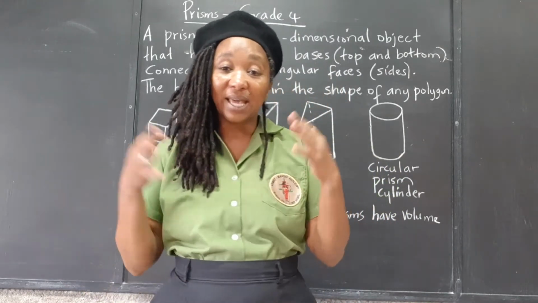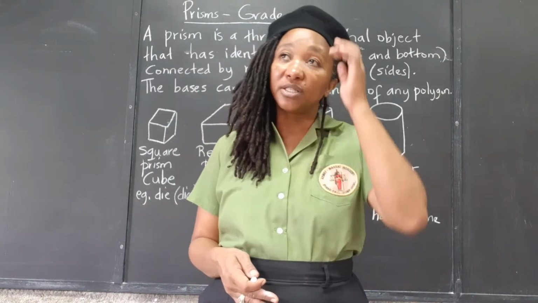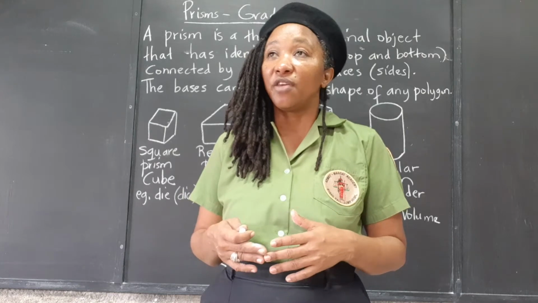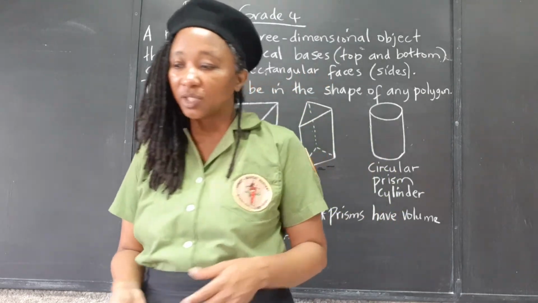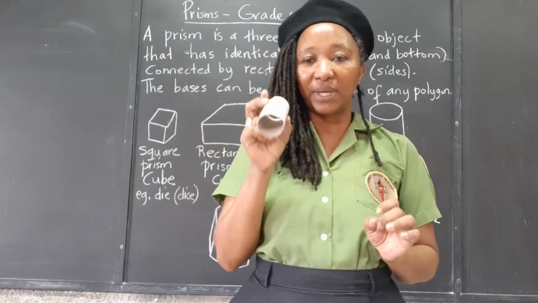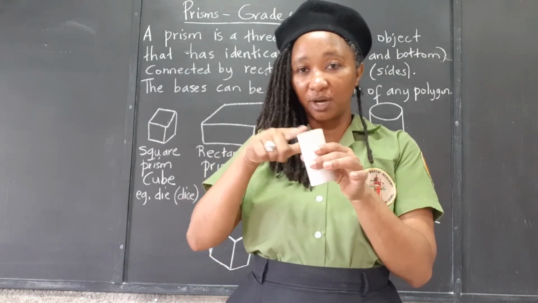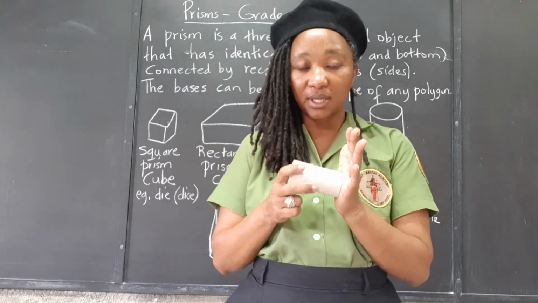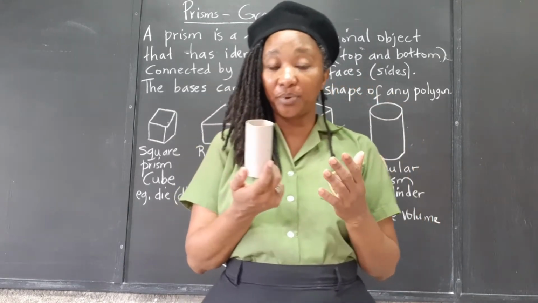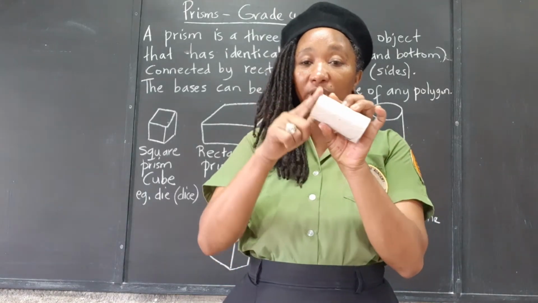The ones who are saying yes, the circular base three-dimensional object is a prism, because it has a continuous rectangular side. Look at this. This is in the shape of a circular prism. It's not a strict prism because it's open at the base and the top, and the prism should be closed, but it's cylindrical. It has that general shape of what we would talk about when we're saying a circular prism: circular bottom, circular top.